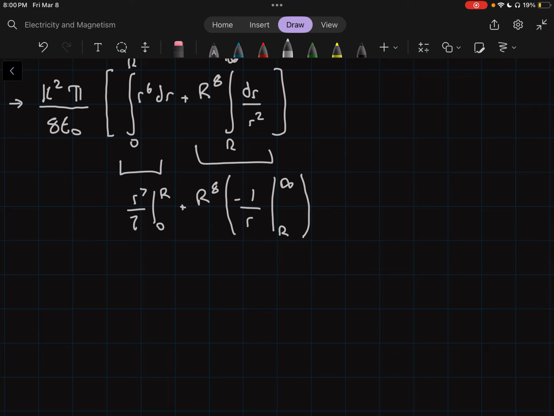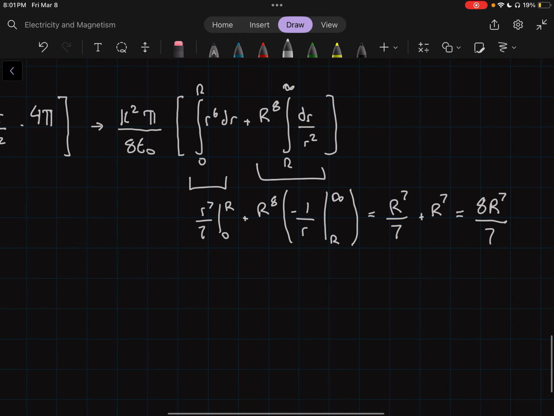Plugging in at infinity, you get 0. 0 minus negative 1 over big R, you just get 1 over big R. Big R to the 8th times that will just give you big R to the 7th. So you'll end up getting big R to the 7th over 7 plus big R to the 7th, which equals 8 R to the 7th over 7.